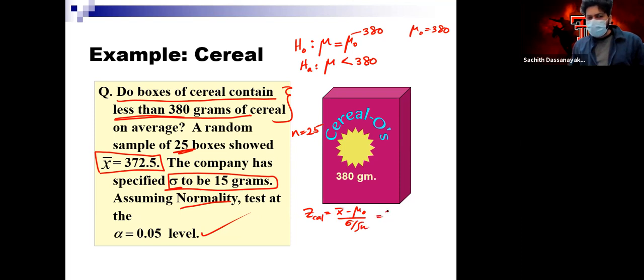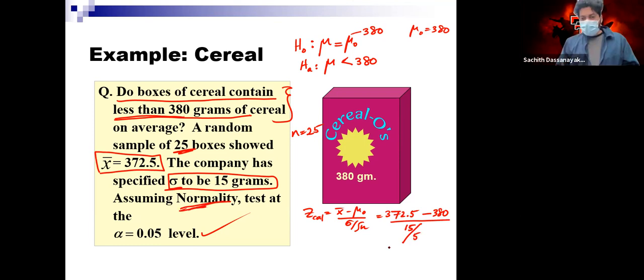I'll just plug in the values: mu naught is 380, sigma is 15, and square root of n is 5. Simplify this and you will get a value. That value is Z-cal.